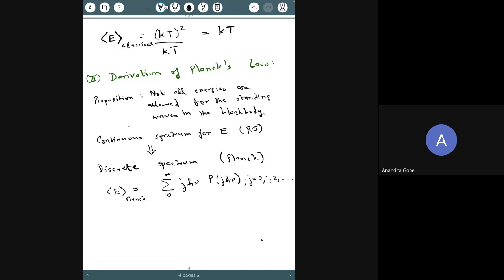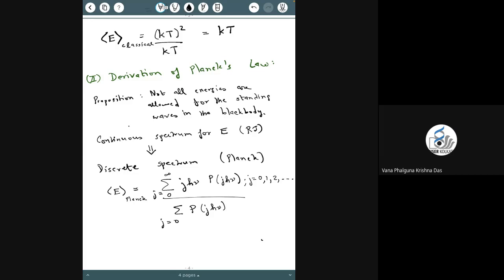So it's a discrete spectrum. You also divide by the sum from 0 to infinity of e to the power, write that now, probability of j h nu. So this is j equal to 0 to infinity.